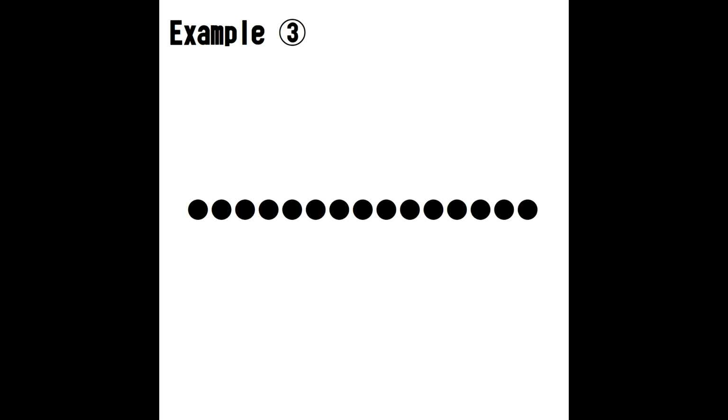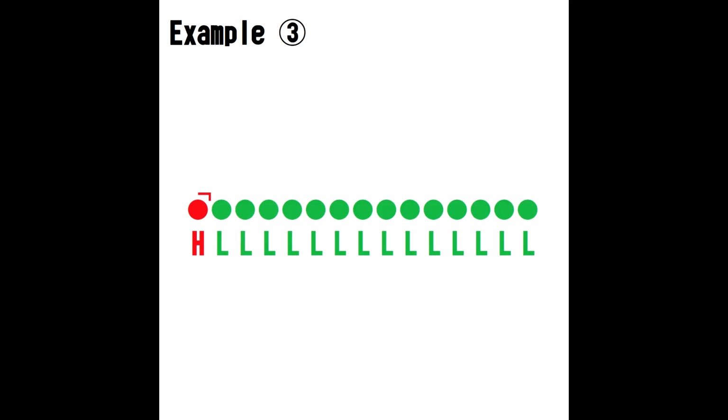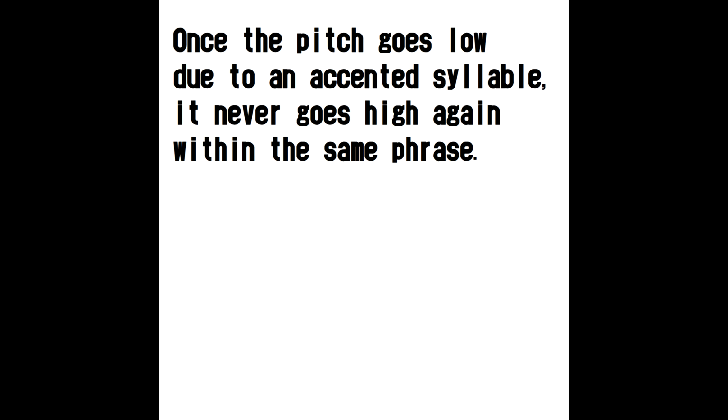Here is a third example. Let's imagine that our accented syllable is there, and this syllable therefore will be high. What follows will be clearly low in pitch. Once a pitch goes low due to an accented syllable, it never goes high again within the same phrase.